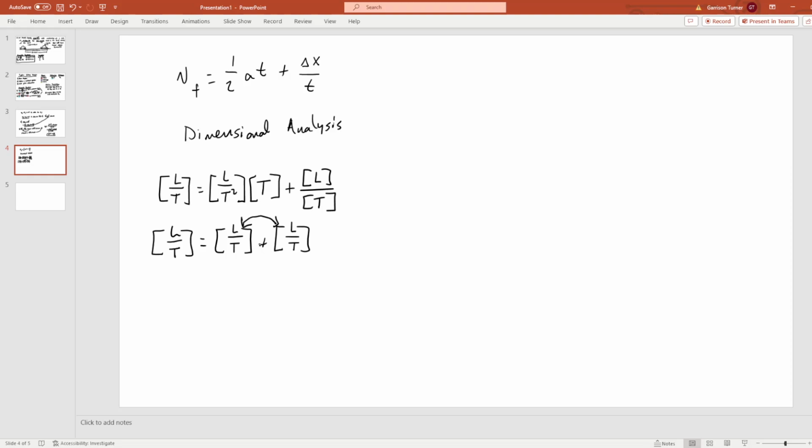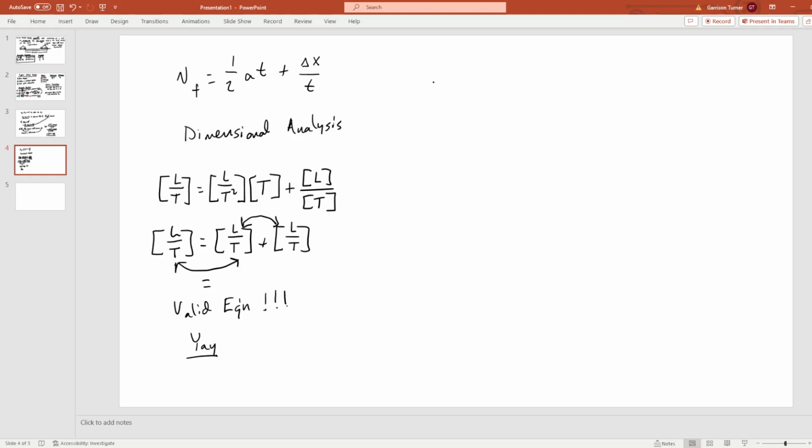And both of these terms have the same units as the left-hand side. So this is a valid equation. Yay. Okay.